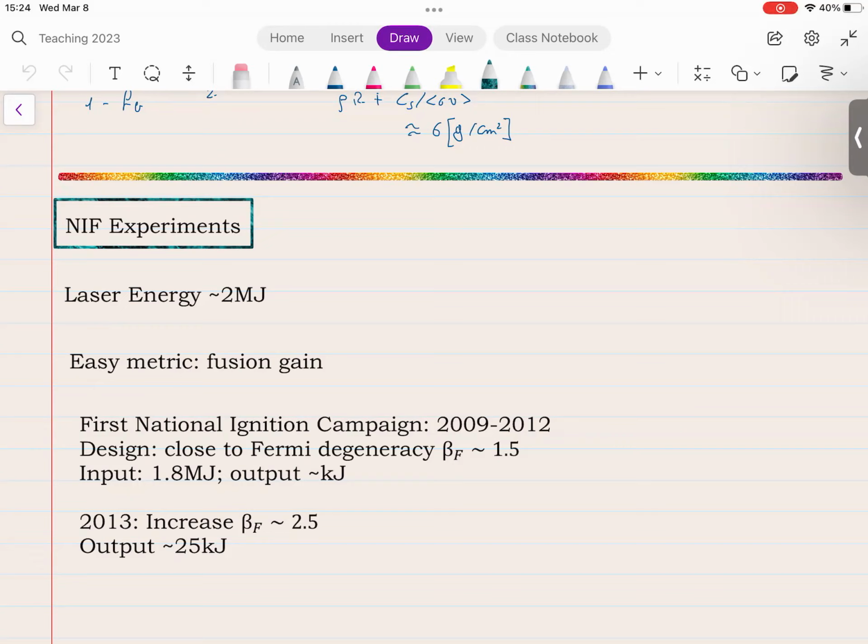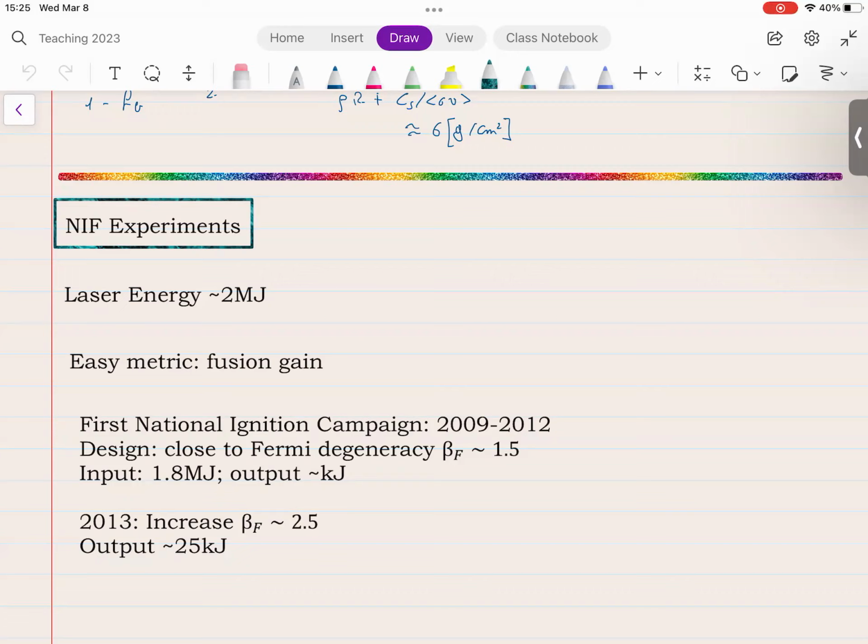So the first step was to realize we really need to relax that requirement on beta F, which is again how close we get to a fully degenerate electron fluid in the plasma.